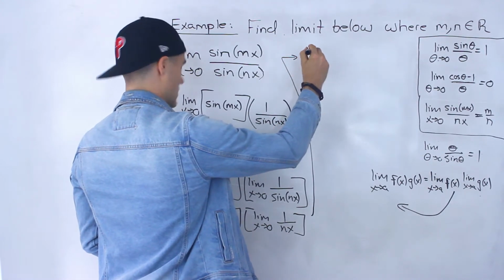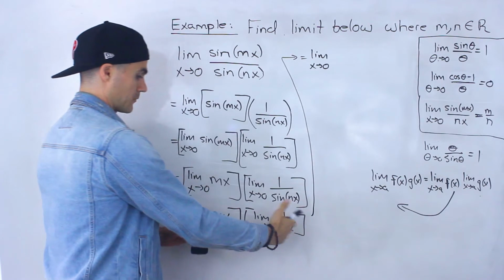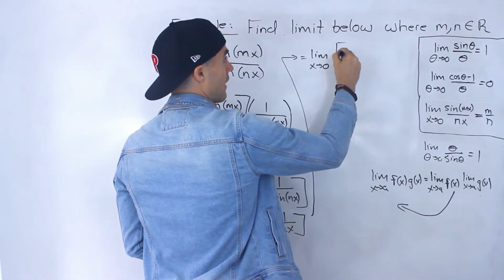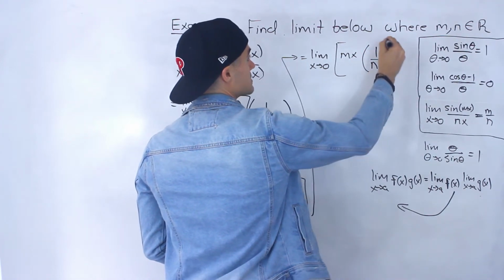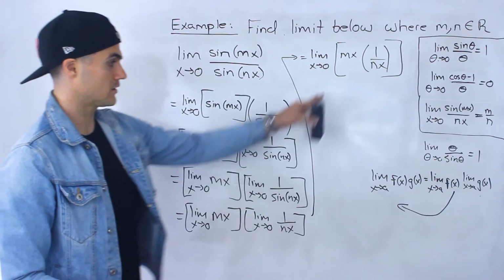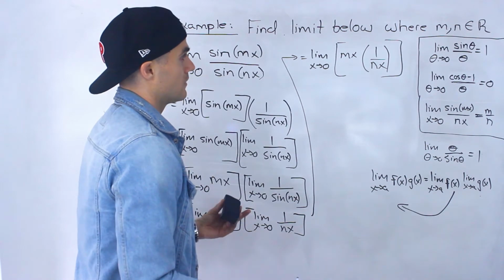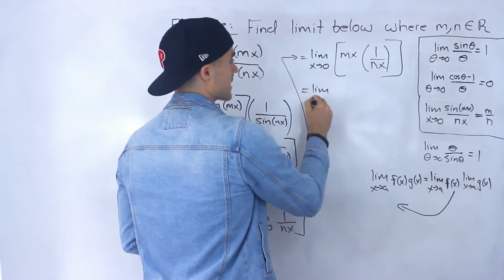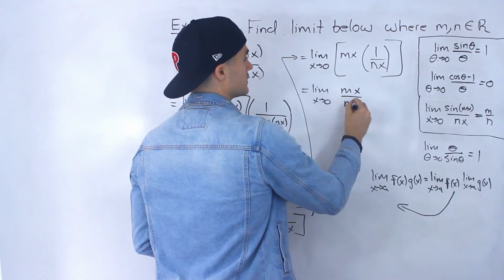So I can rewrite this now as the limit as x approaches 0, and I'm going to be multiplying this by that. So we'll have mx times 1 over nx, like that. So from here to here, went from here to there. And now, notice we'll end up with the limit as x approaches 0 of mx over nx.